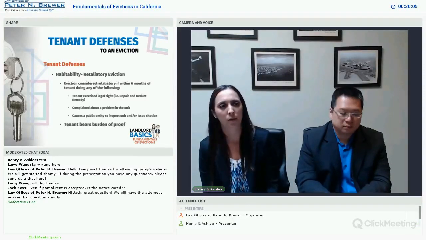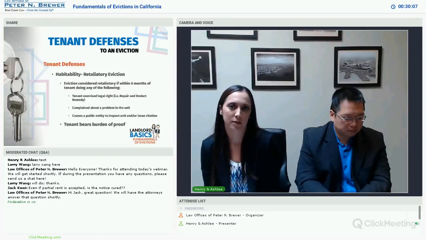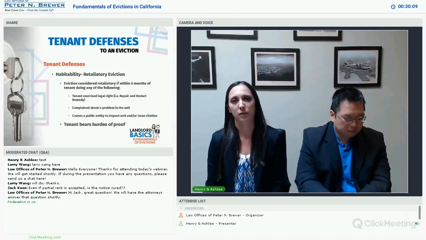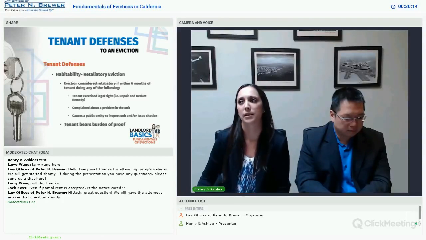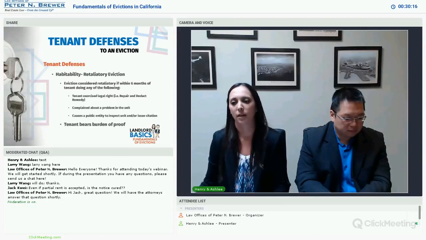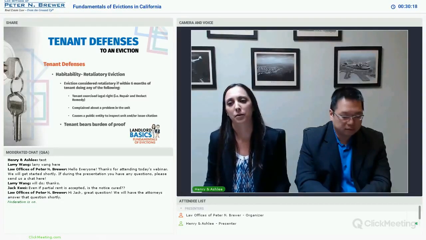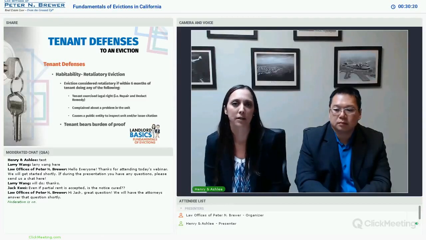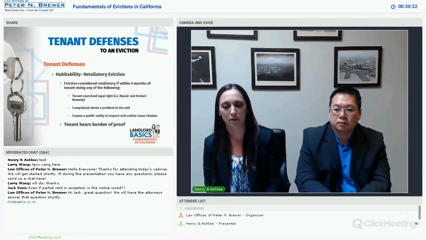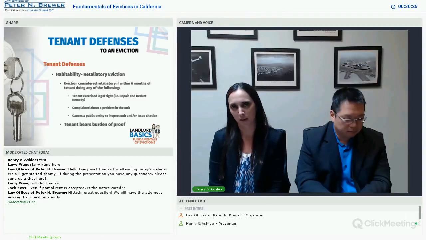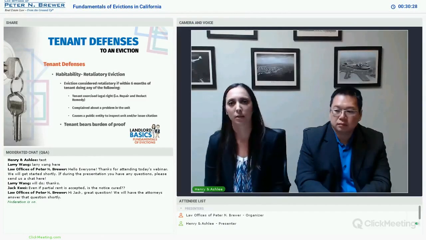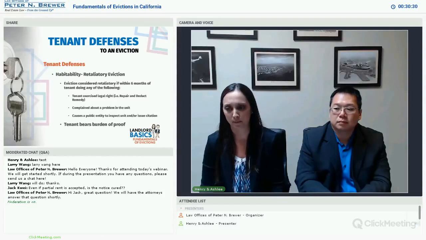There's a hole in the roof. They notify the landlord, the landlord doesn't do anything, so they use the rent to fix it. And 3 months later, you evict them because they didn't pay rent for that month. That's going to be a retaliatory eviction because they have a legal right to do that. If your eviction is based on that, and the courts usually look at a 6-month window, they're going to be able to defend against that eviction.